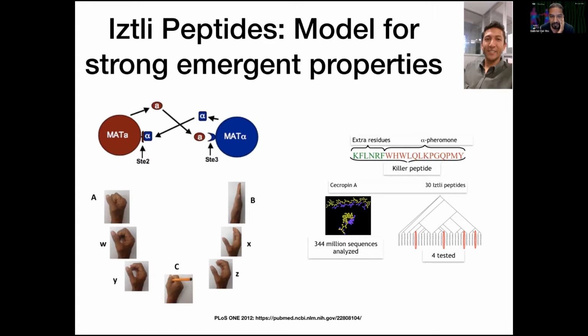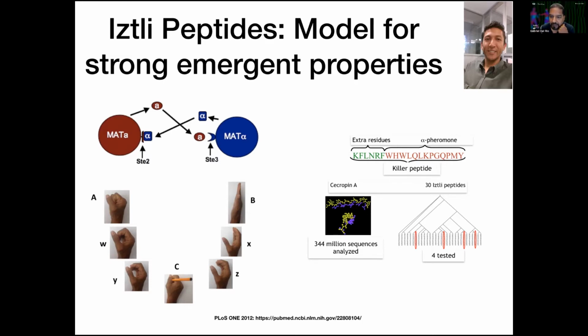And Saccharomyces is a heterothallic organism, meaning that it has two different cell types for mating, MAT-A and MAT-alpha. Each one of these cells secretes a pheromone. MAT-A secretes the pheromone A, and MAT-alpha secretes the pheromone alpha. And each one of these cells also produces on its surface a receptor for each one of these pheromones, and that induces the mating process in these yeast cells.